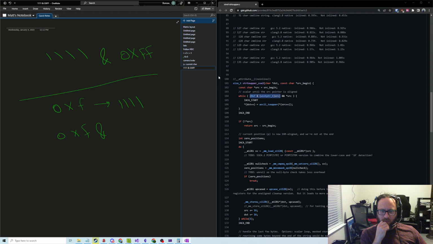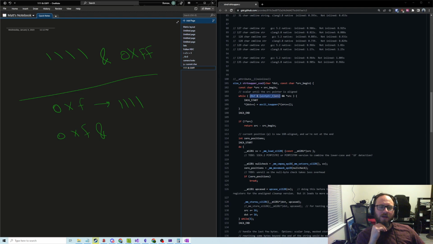Because what I'm struggling with is this expression has to be true for this while loop to continue. So something about this being true means that it's not aligned yet. And that's just a bitwise.